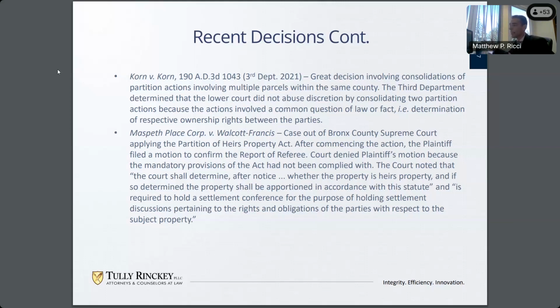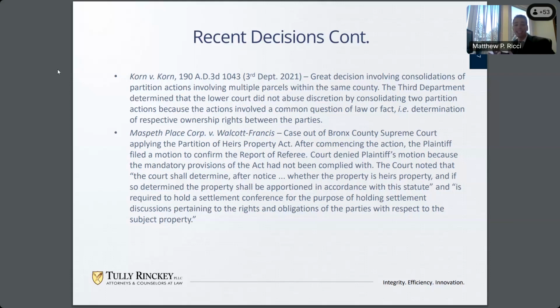The next case, Maspeth Place Court, is a case out of Bronx County Supreme Court. Again, this is a pretty recent decision applying the Partition of Heirs Property Act. After commencing this action, the plaintiff filed a motion to confirm the report of referee.